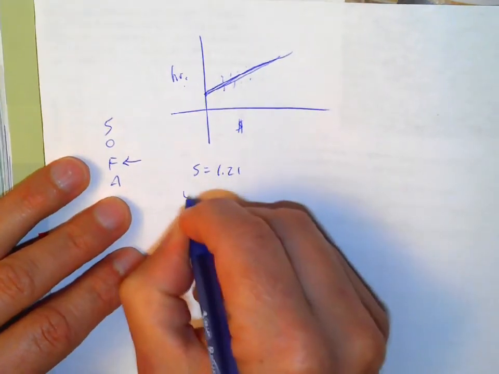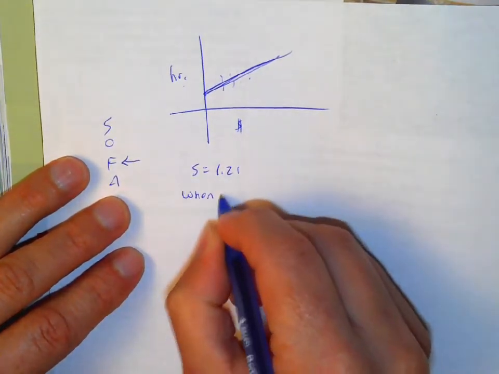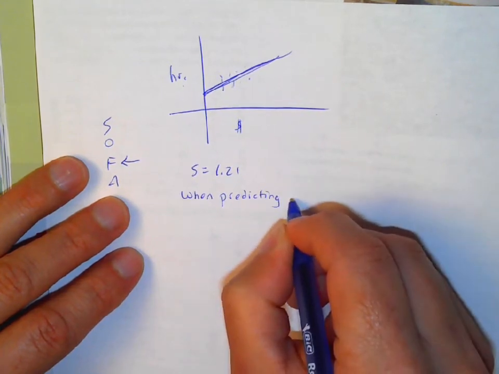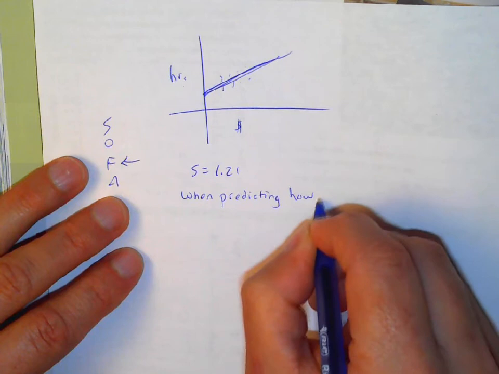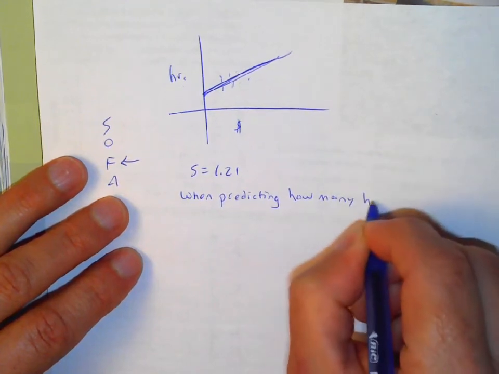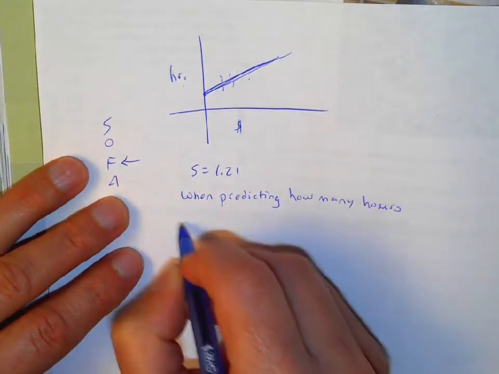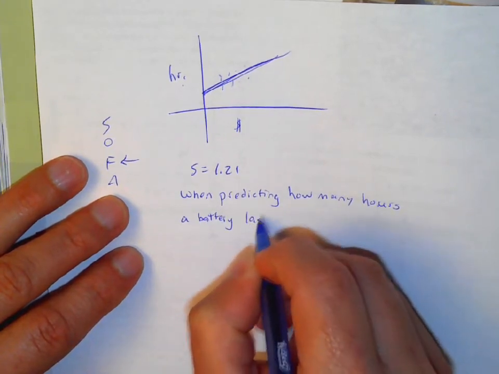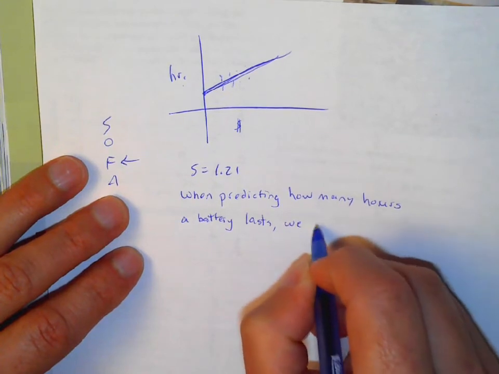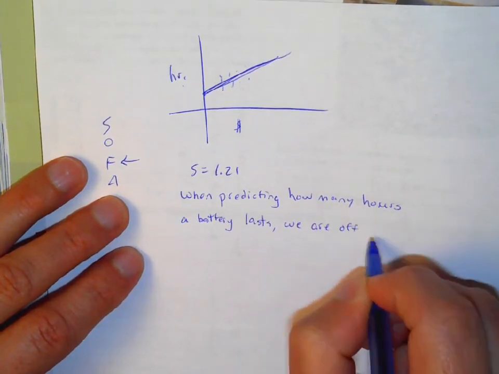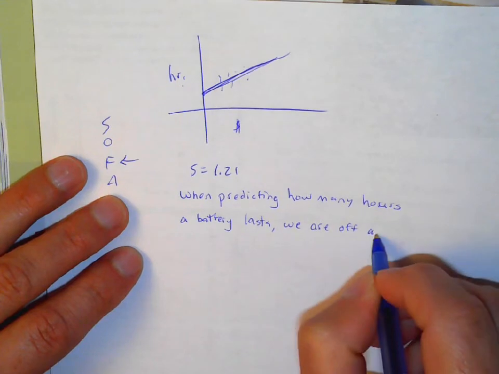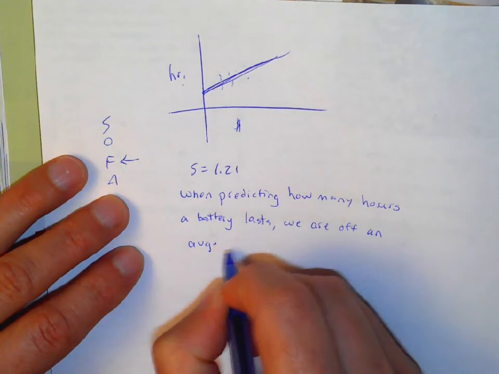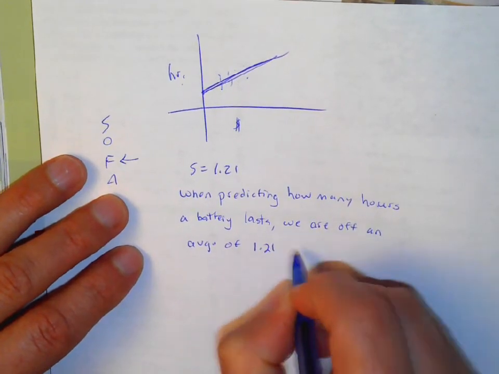So we can say that when predicting how many hours a battery lasts, we are off, or inaccurate, on average by 1.21 hours.